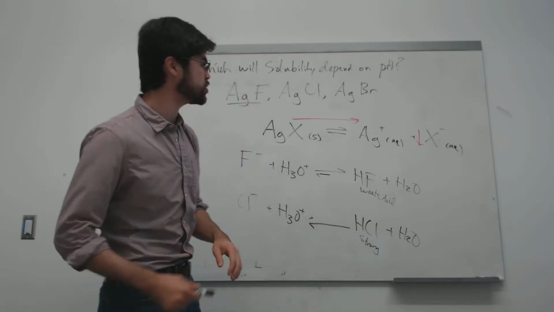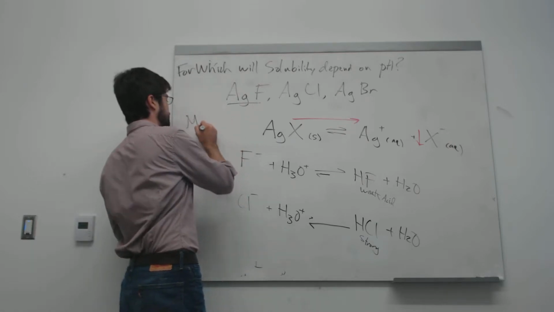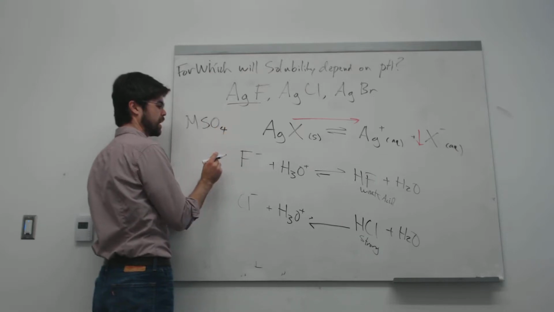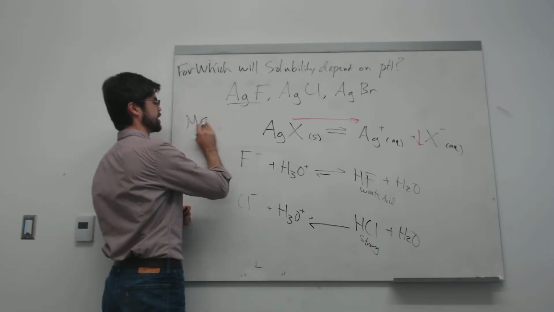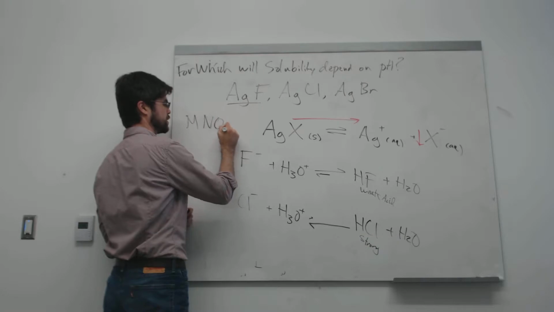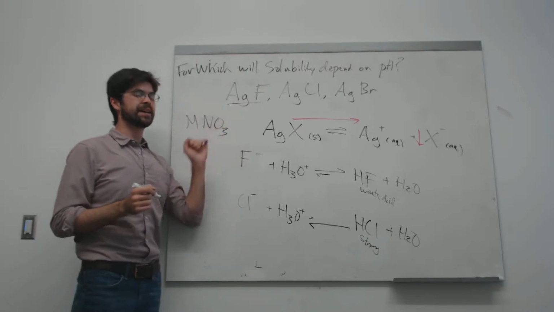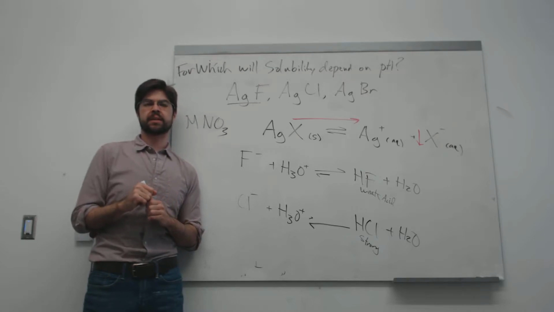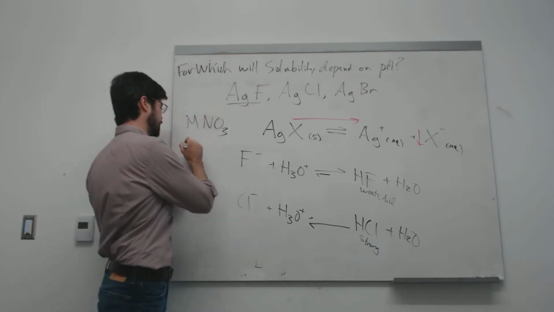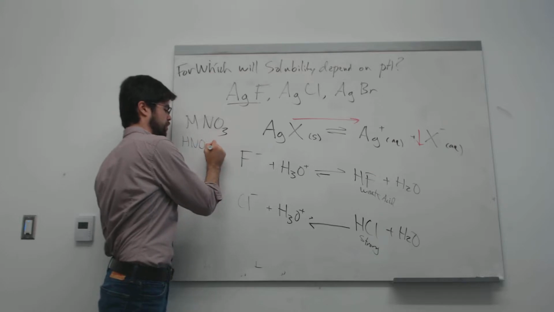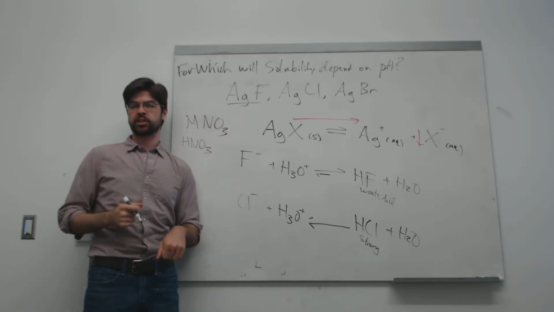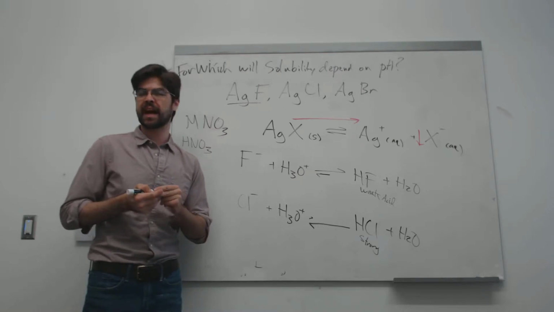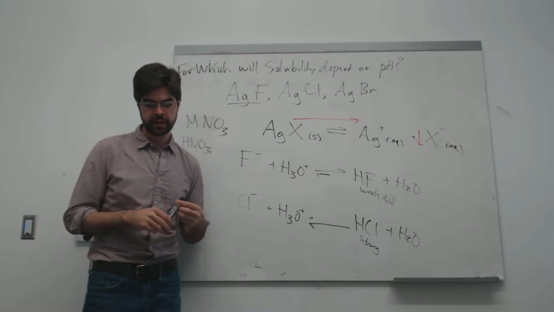So if I see any salts where I have a metal and, say, the nitrate ion, the nitrate ion is not a basic ion because it is the conjugate base of nitric acid, which is a strong acid. So we can predict that its conjugate base is not strongly basic.